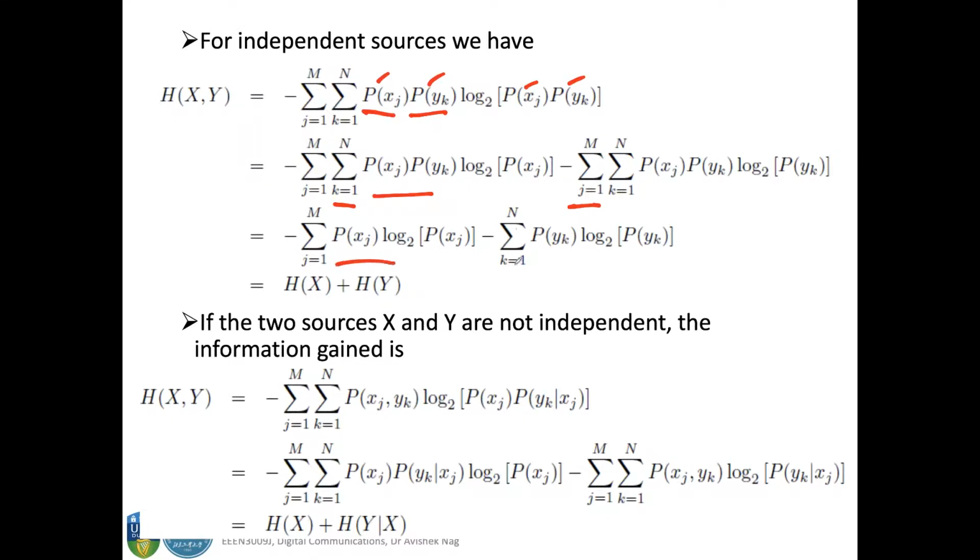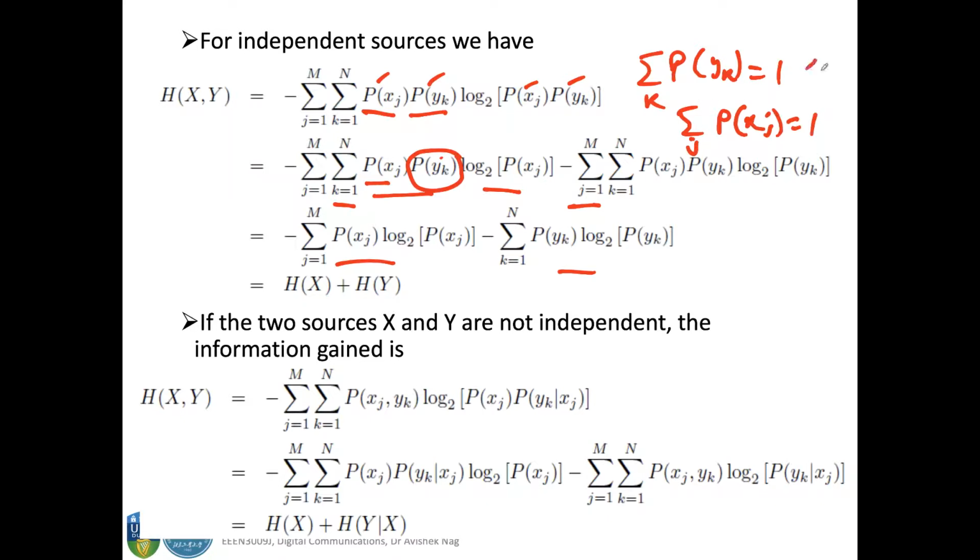Because if you sum all these probabilities of p(yk) over all k, leaving the xj's separate, this will give you 1. Similarly, this sum over all j will give you 1. So applying this, you simplify these two expressions as these two.